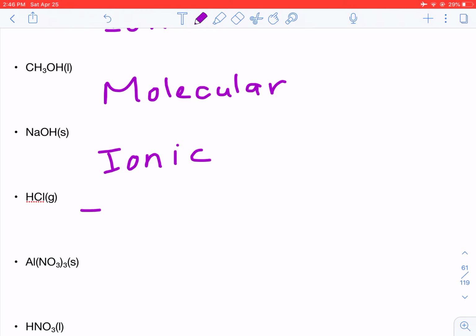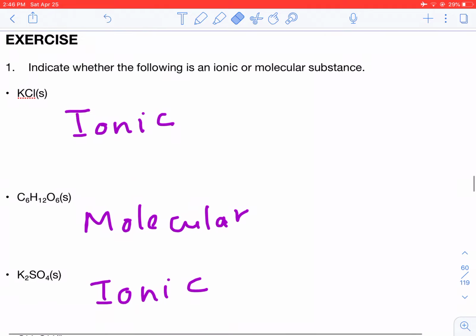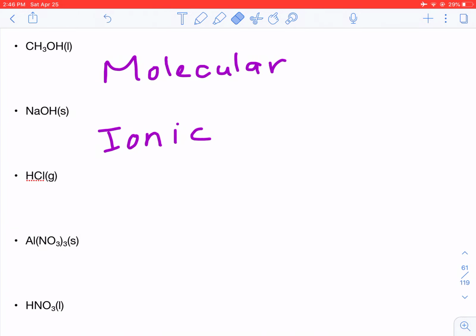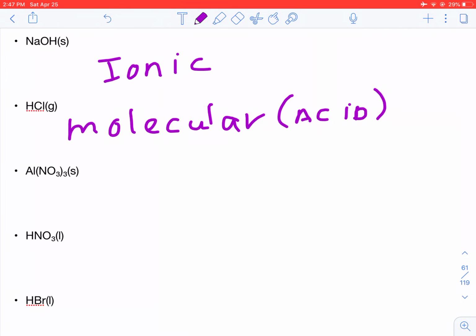So the substance is molecular, right? It's a molecular substance, but we know that it is an acid. Aluminum nitrate is ionic.